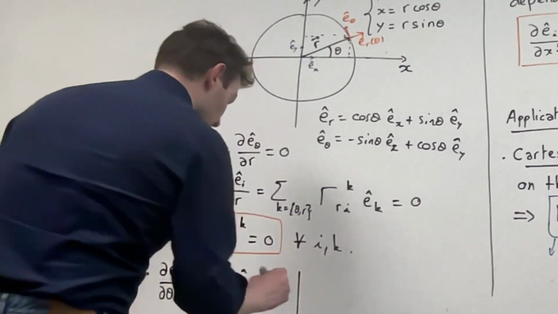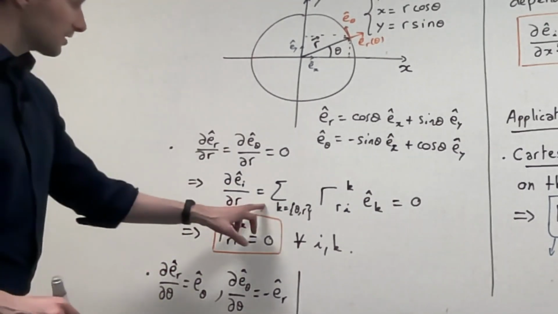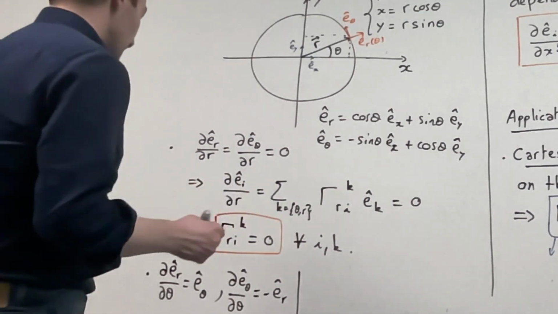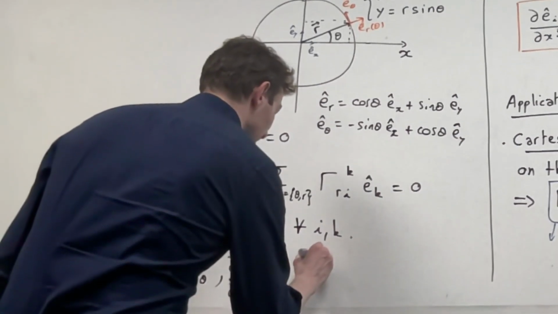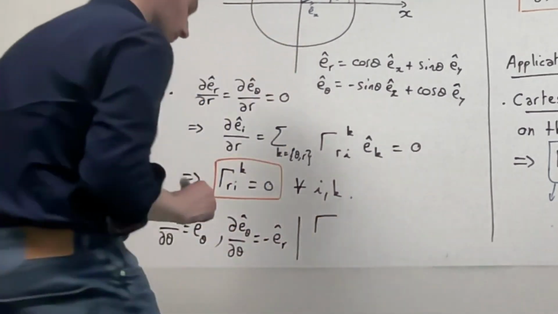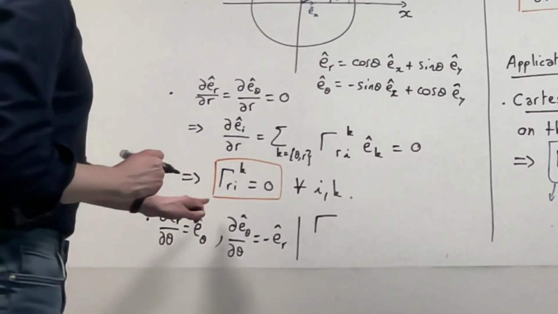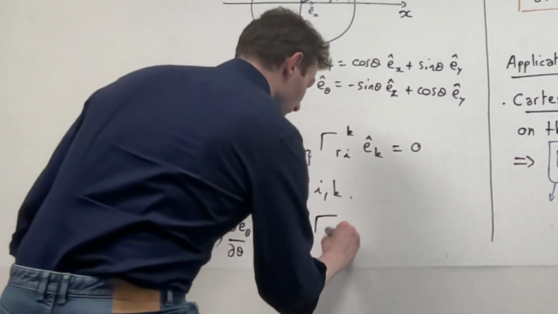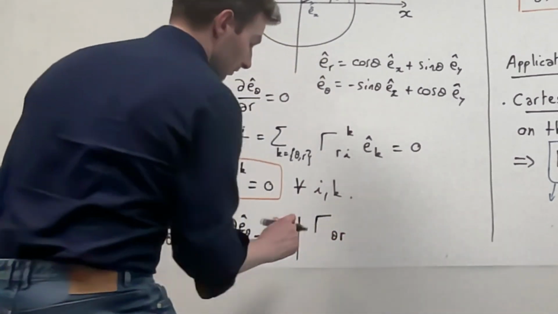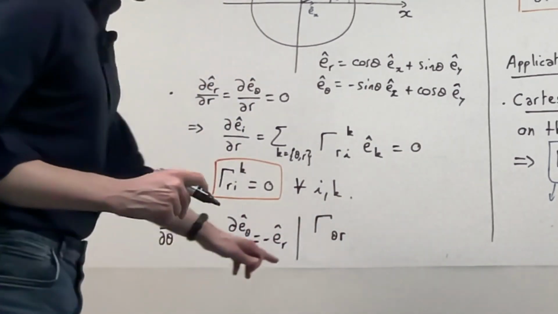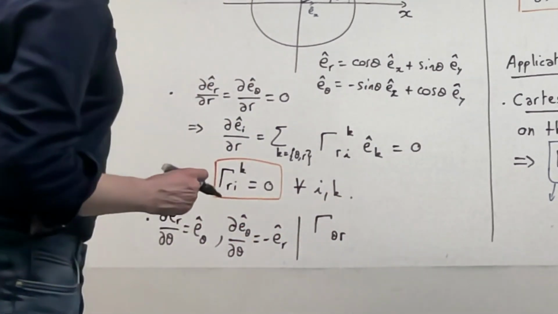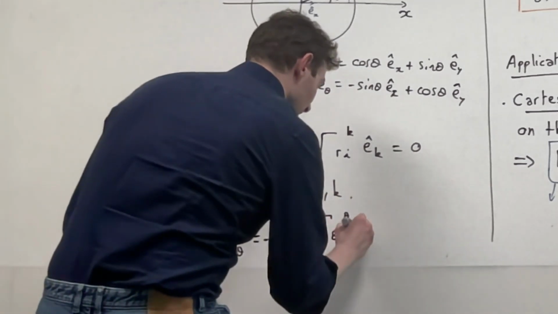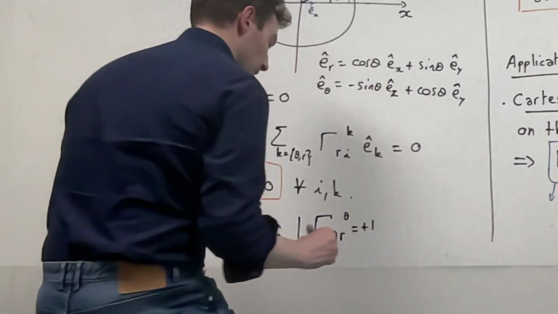Now, correspondingly, if you replace that by a sum like that, then you're going to find the following. We need to be a bit careful: gamma, theta, r, and then here theta, is equal to plus 1.